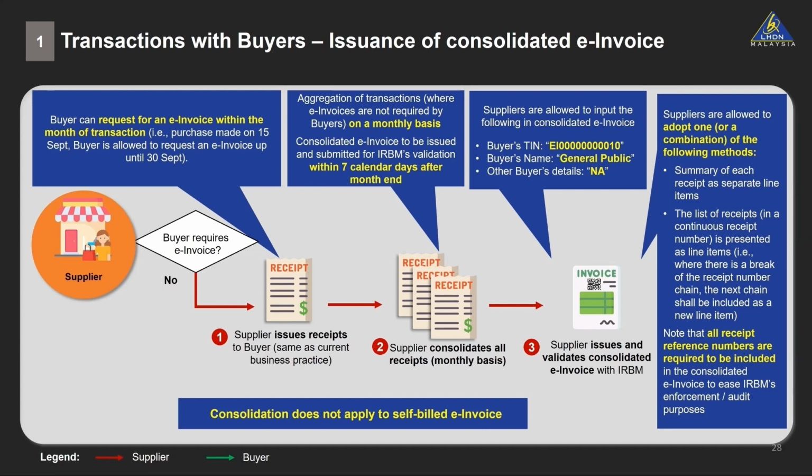Okay. So consolidated invoice ni akan combine all receipts, bills and invoices for transactions that did not receive an invoice and undergo validation by LHDN.